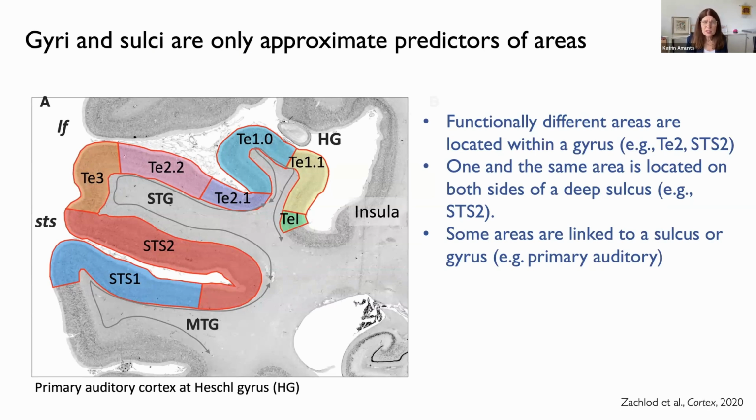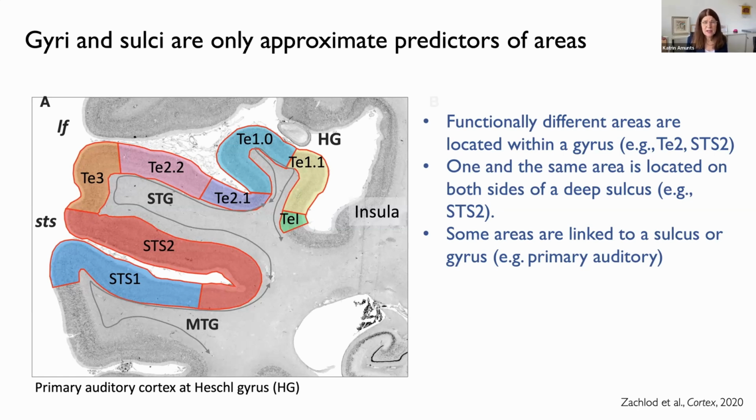But if you look a little bit more closely, then the transition to area TE1.2, which is not the primary auditory area, is not well defined by the fundus of the sulcus, and the border to TE2 is also, let's say, not precisely in the fundus.